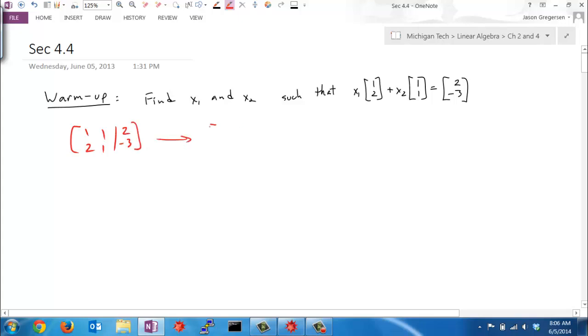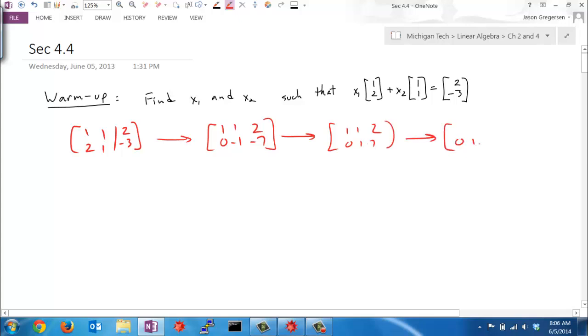I'll do a little row reduction. This gives 1, 1, 2, 0, 1, 7. That's my forward process.